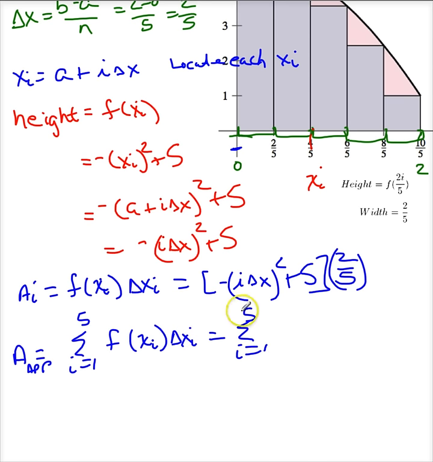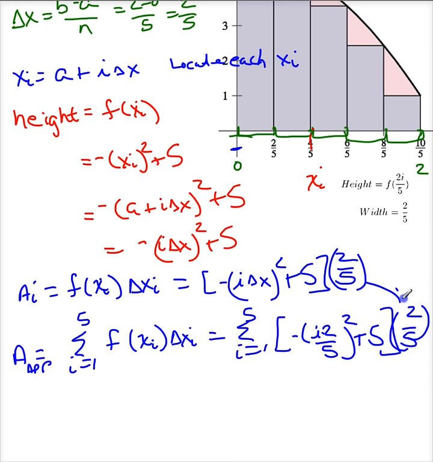Function evaluated at x of i is minus i times delta x, remember delta x is 2/5, so minus i times 2 divided by 5, squared, plus 5, all times 2/5. So this comes straight down.